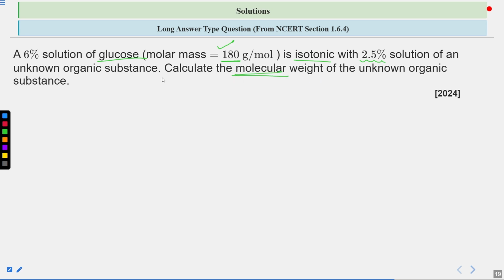First of all, we have no clue what it will be. It is unknown, so molecular weight determination will be the task. This question has been in the CBSE examination in 2024. So you have some time, think about it, try to solve it, and then we will see its correct solution and its correct answer.